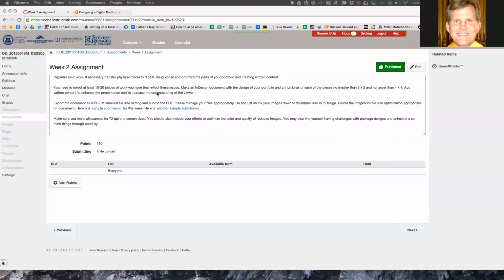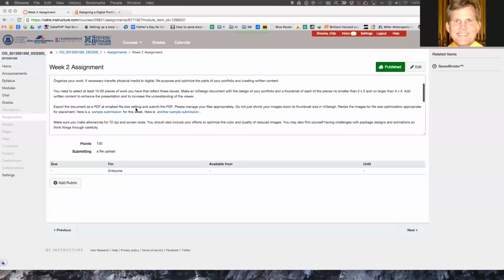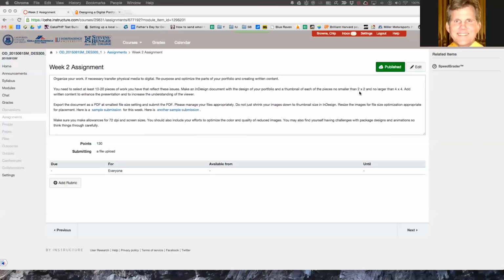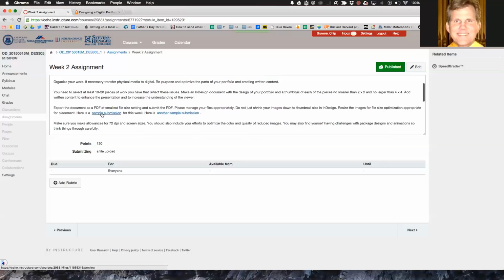I don't know if anybody has that many in an InDesign document. And then being careful to export your images no smaller than 2" by 2", but no larger than 4" by 4". Here's some samples to go over.